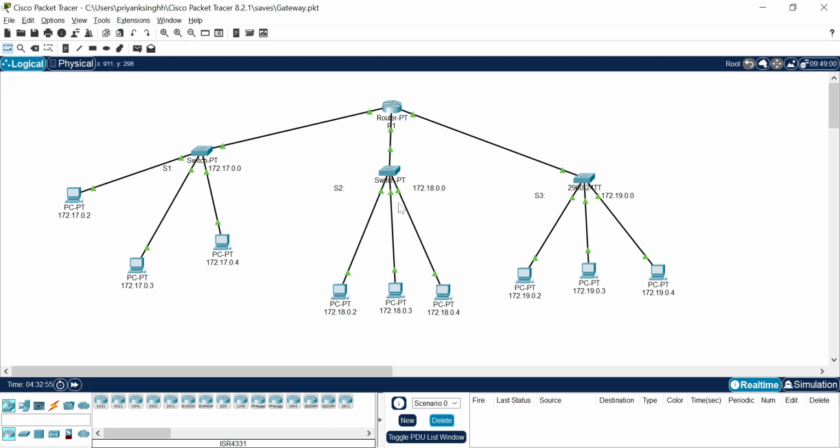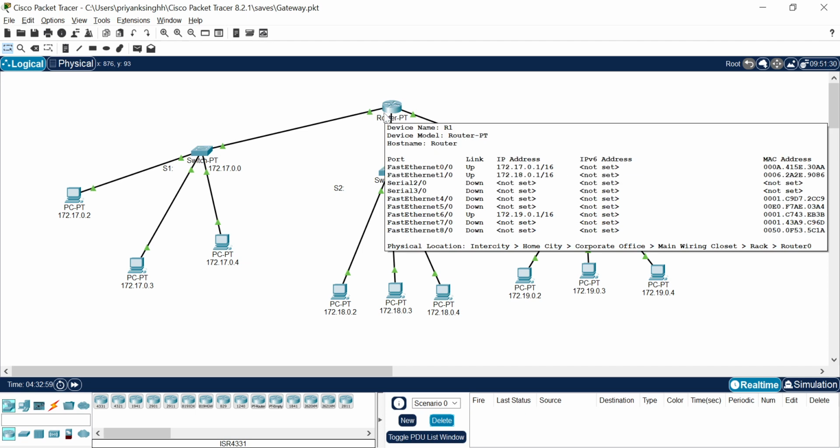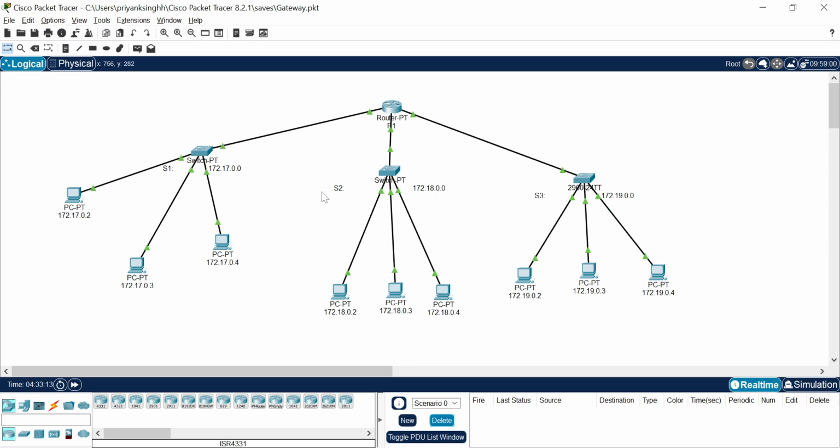I have to mention the gateway at the router level, because the gateway is the first point from which your network is able to communicate external to your network, or from where your network is connected to the external world. So this is the gateway for this network and this network also.